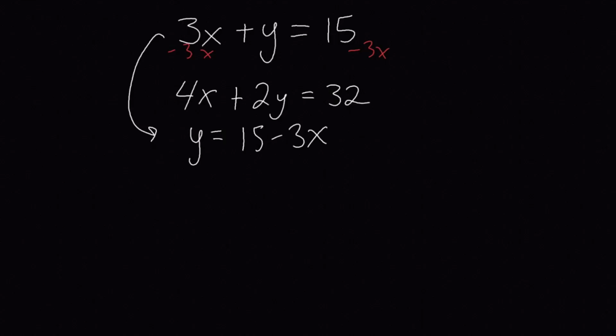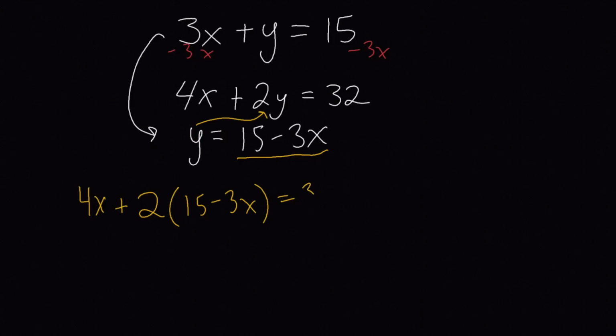And this allows me to substitute my y in the second equation with the 15 minus 3x. Which will give me 4x plus 2 times, and now instead of y, I need to put my 15 minus 3x. And then we have is equal to 32.